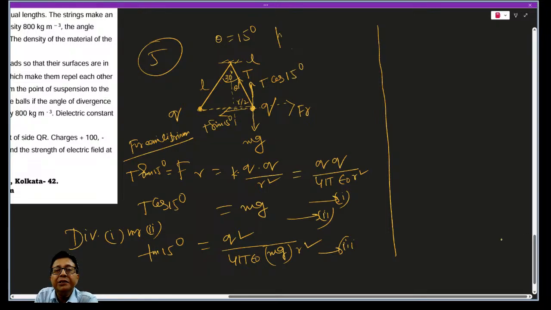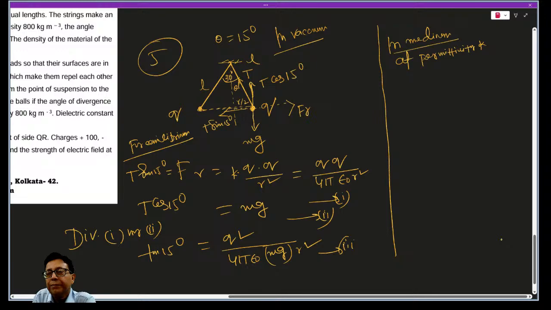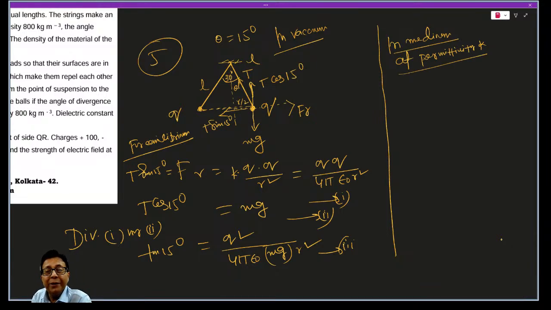This is in vacuum. In a medium of permittivity K, relative permittivity or dielectric constant K, what is going to happen?